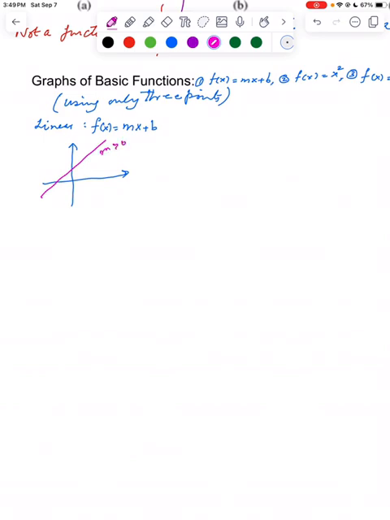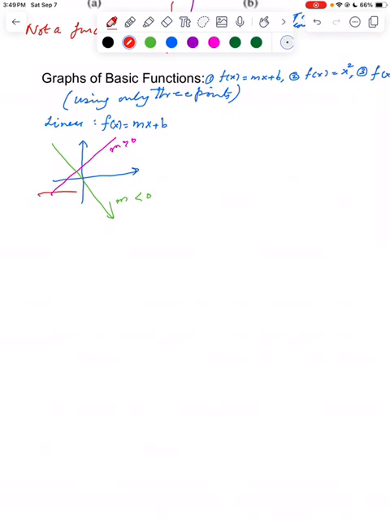And now you can have a graph going like this when m is less than 0. And then you can have a graph going like this.